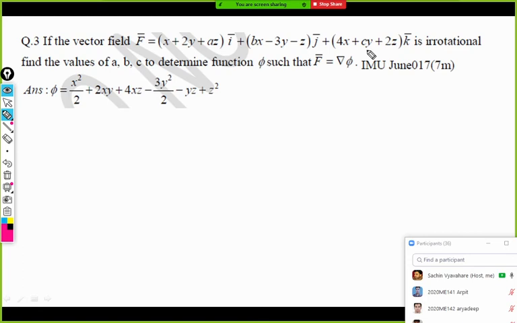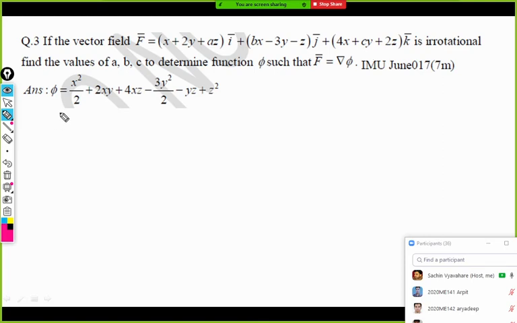So which method you want? Shortcut method or lengthy? Method 1, shortcut. Okay, that is method 1, it is by formula only.